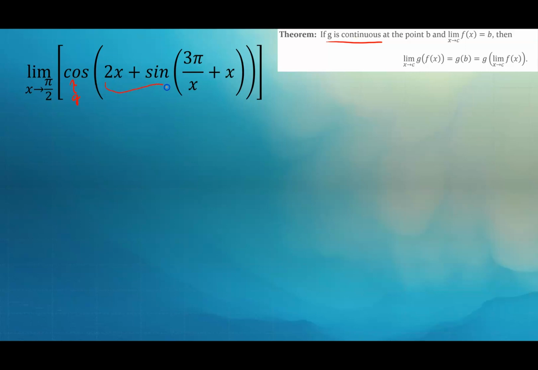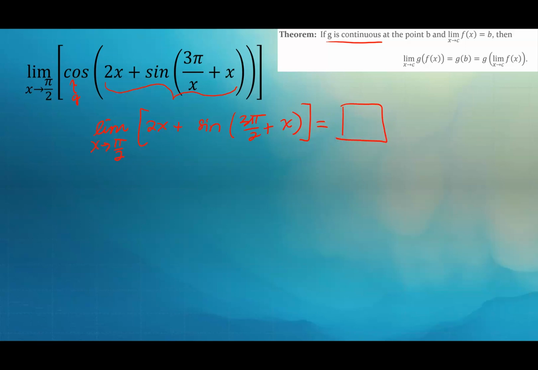And then we need to justify that the limit as x goes to pi over 2 of 2x plus sine of 3 pi over 2 plus x is equal to some value b.